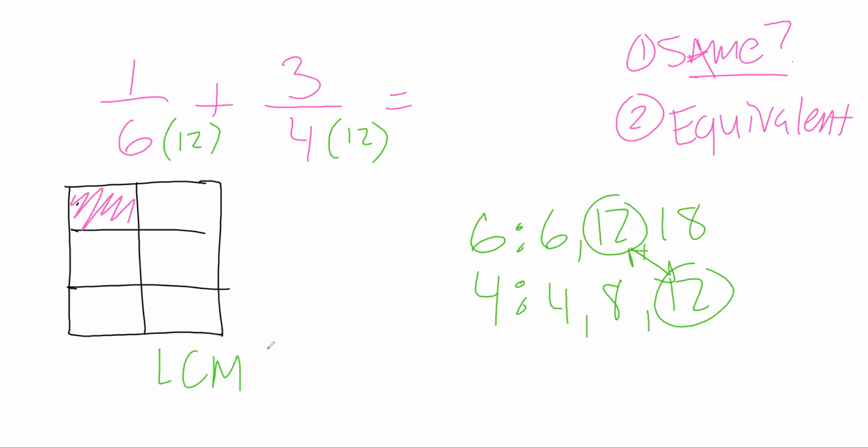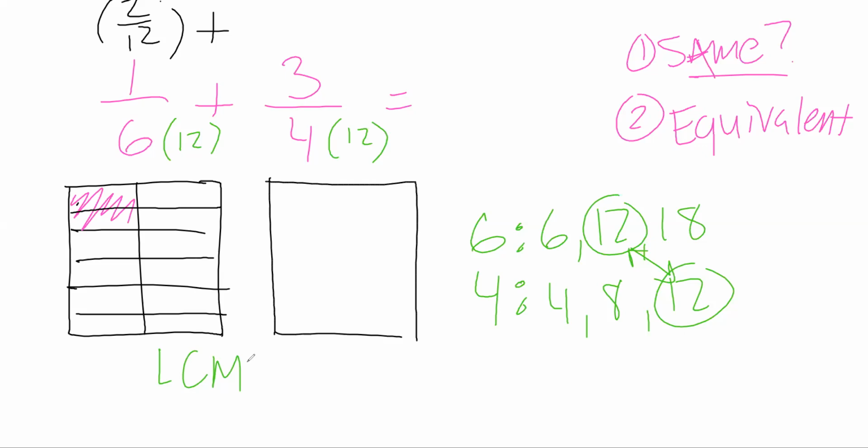Now what if we went here, here, here? 1, 2, 3, 4, 5, 6, 7, 8, 9, 10, 11, 12. Oh, that works. So now that I know I can cut this into 12ths, this fraction just became 2/12 instead, right? And we're going to add that to this 3/4, but we want to make that 12.